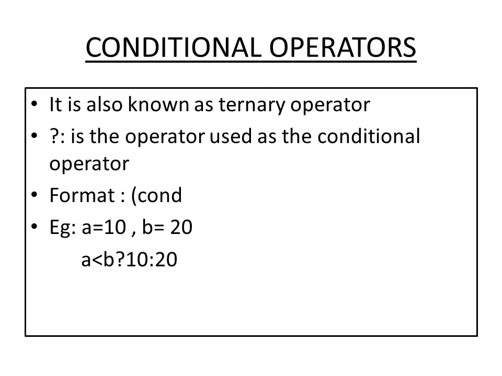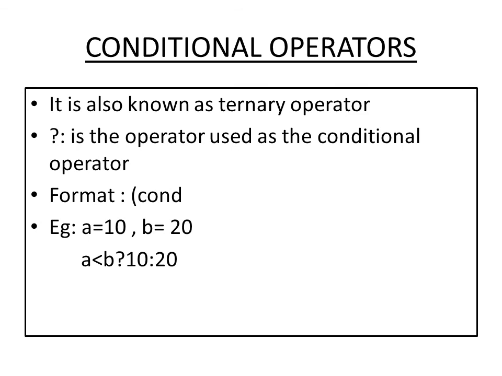The condition before the question mark has to be fulfilled. If it's fulfilled, you will get result 1 for a true value and result 2 for a false value. It's like giving you a task: if you do this task, you will get this prize; if you don't do it, you will get a punishment. The conditional operator follows that concept.